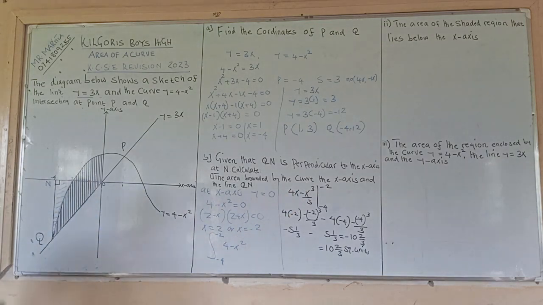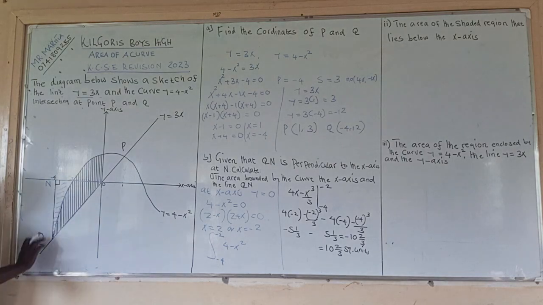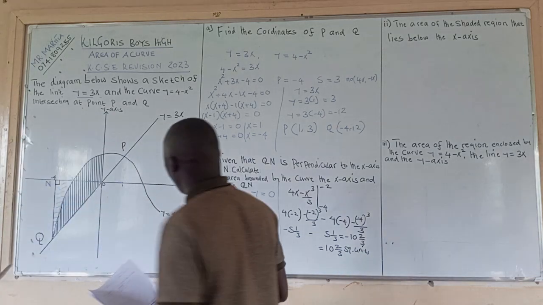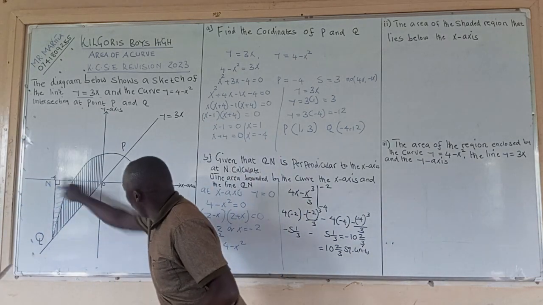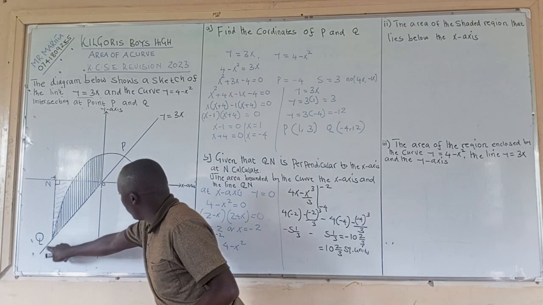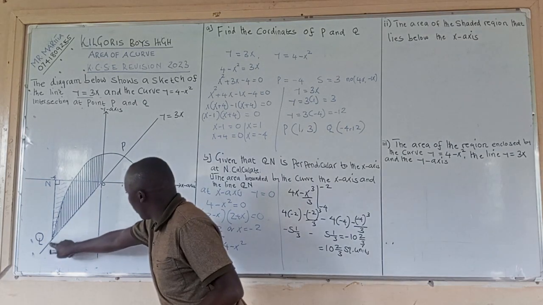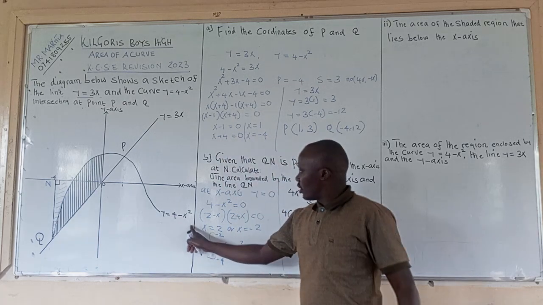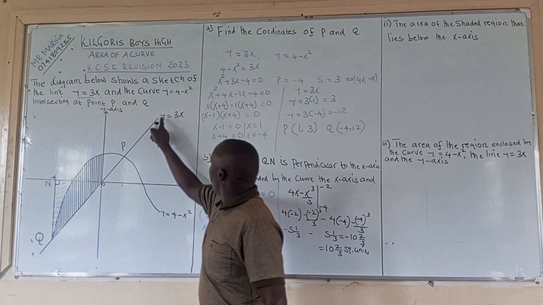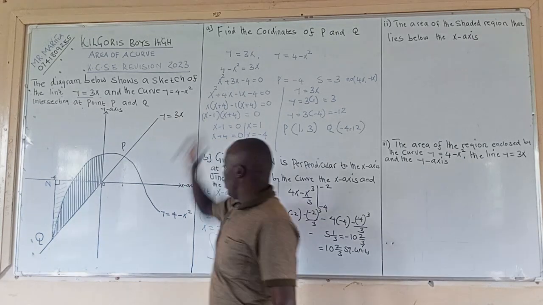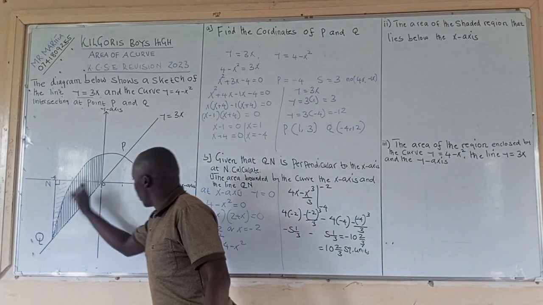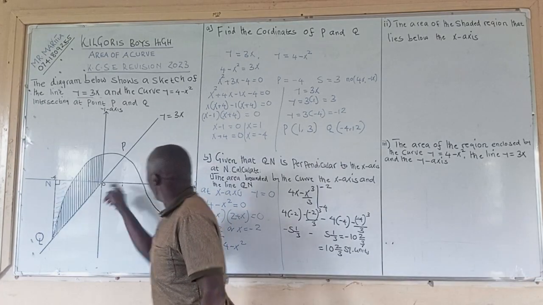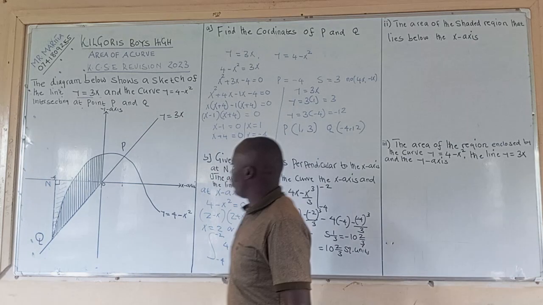So the area of the triangle first: it is the area between the curve y equals 4 minus x squared and the line y equals 3x. For the area of this triangle, we find the area between the x-axis and the line y equals 3x.